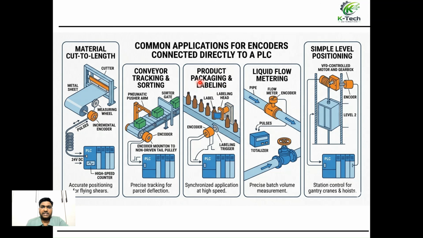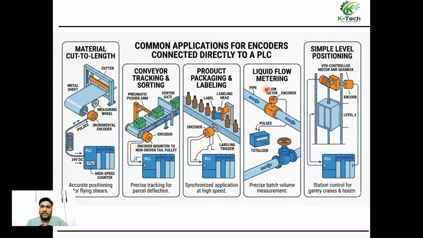Next, product packaging and labeling. There we can also use it for bottle sensing, and the remaining distance we can calculate by the encoder. This is the process after the encoder value, how we can stop the labeling head after the detection of the counting value.